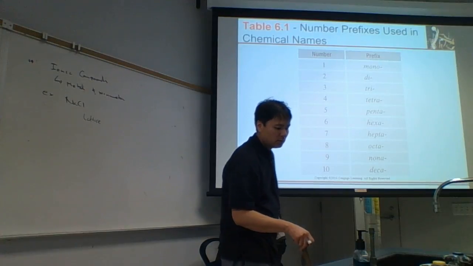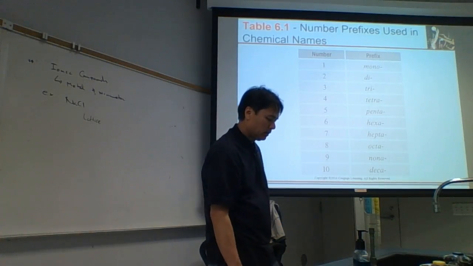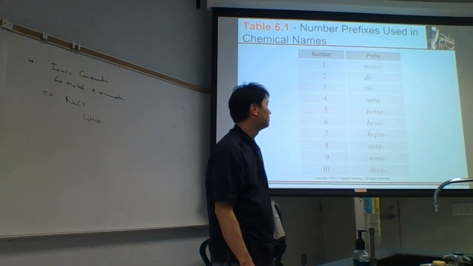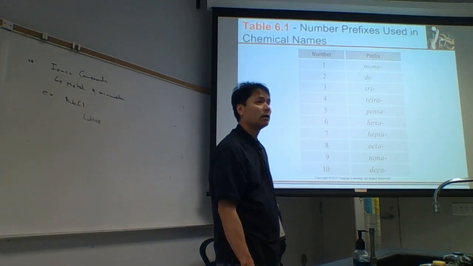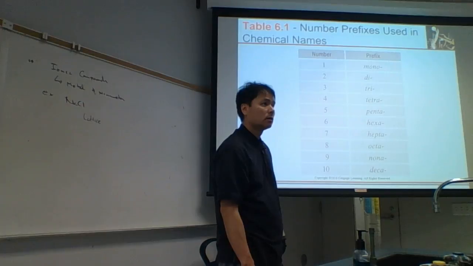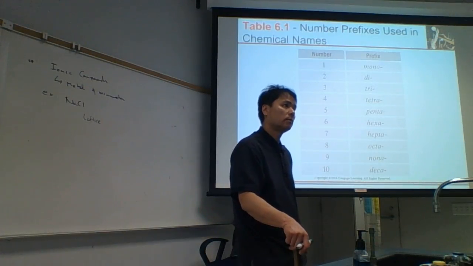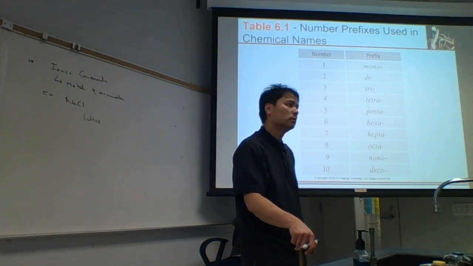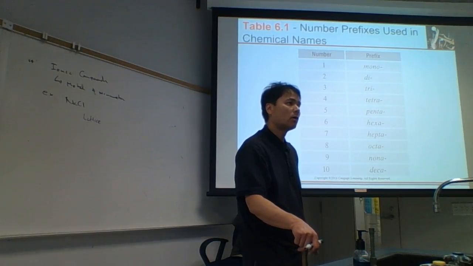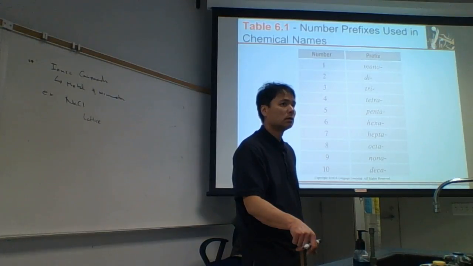And also you need to start memorizing the prefixes or the base names for carbons. One carbon is called meth. And so a one carbon alcohol is called methanol. A two carbon alcohol is called ethanol. A three carbon alcohol is called propanol. A four carbon alcohol is called butanol.